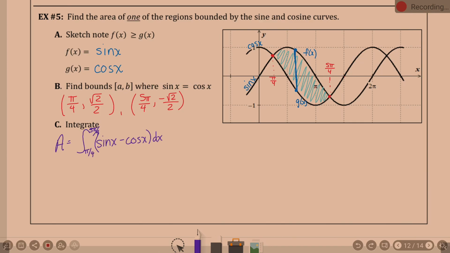Okay, so the integral of sine is negative cosine. Negative cosine minus, negative sine x. Wait.